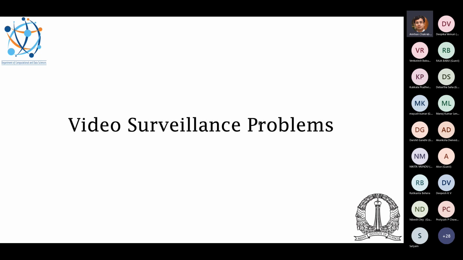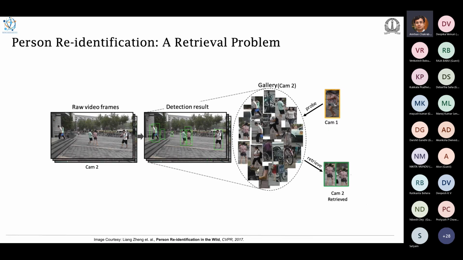For example, take this problem as an example, which is called person re-identification, right? Which is a very common wide area video surveillance problem. Suppose there are many cameras, and this first set of frames here on the left is basically one video feed that is being captured in some campus like IISc, right?